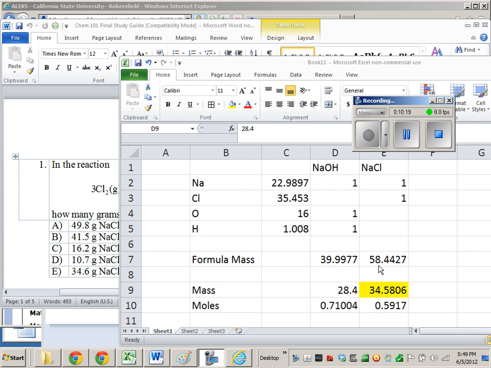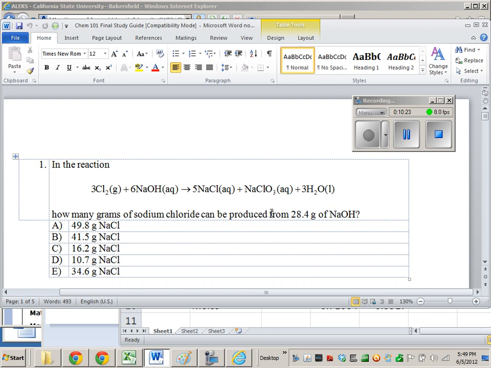So just by eyeballing this, I would say we probably would have at least as much mass coming out in NaCl as we put in as NaOH. Without doing the calculation, D looks wrong, C looks wrong, and now I'm left with B, A, or E, and then I'd have to do the math to figure that out.